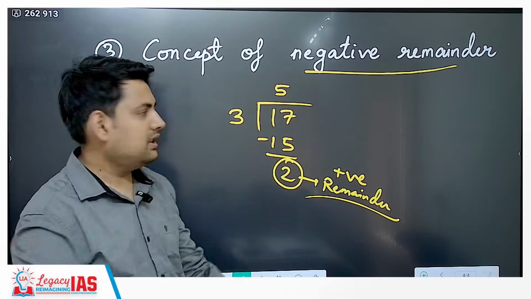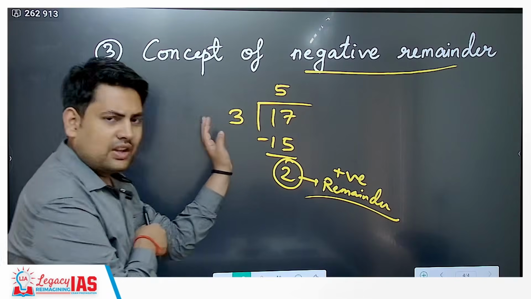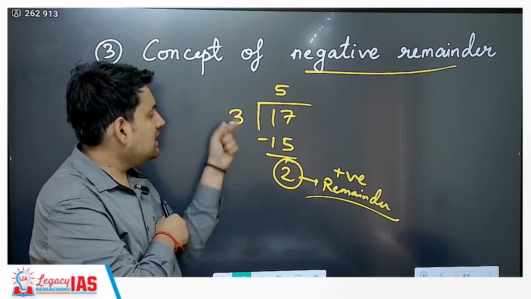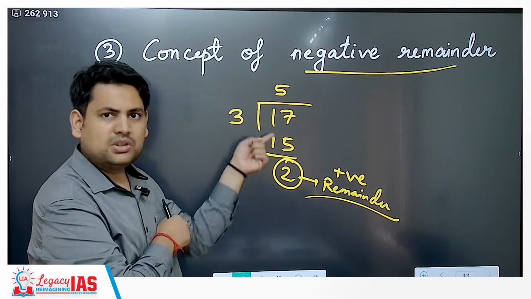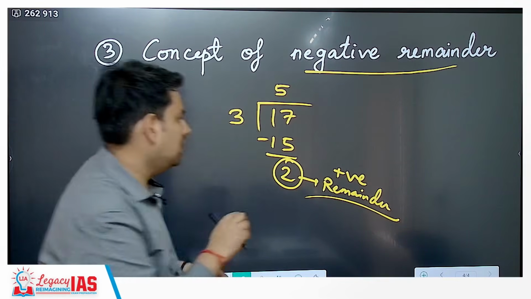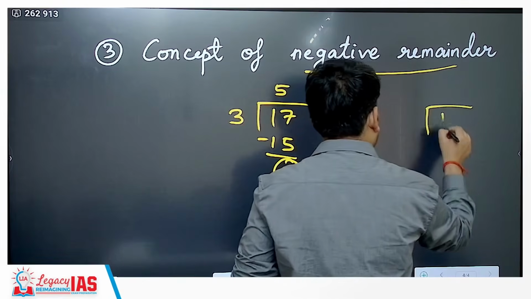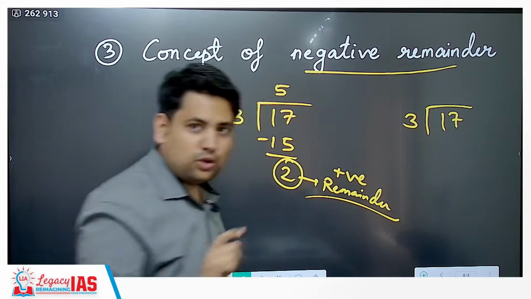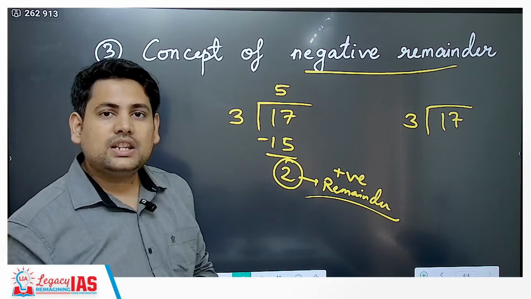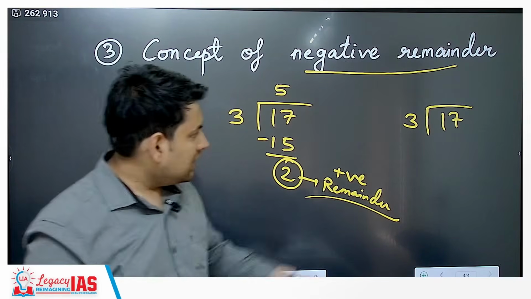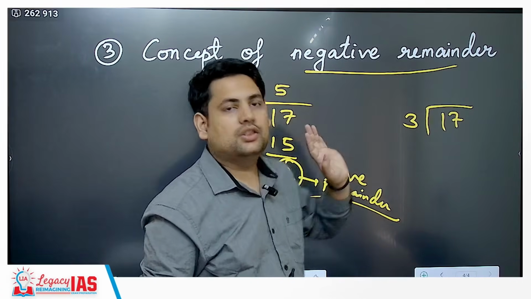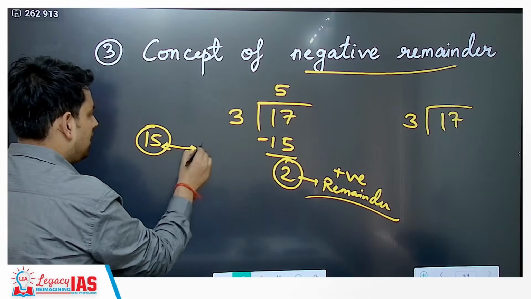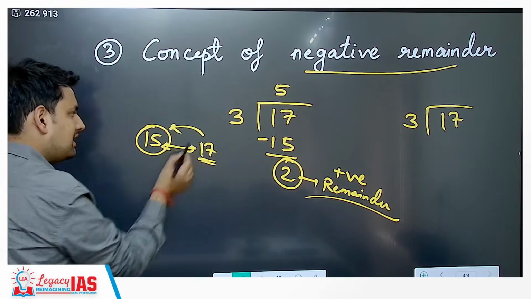Then what is a negative remainder? What you were doing here, you were taking 17 and seeing the nearest multiple of 3 from 17, and you got the positive remainder. Now you take this again, divided by 3. Now you think of the nearest multiple of 3 that is more than 17. 15 was the nearest multiple of 3 but less than 17.